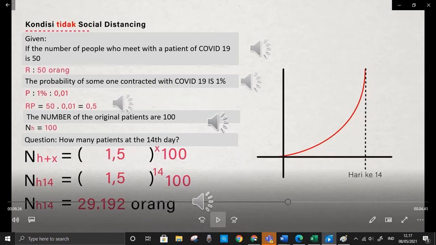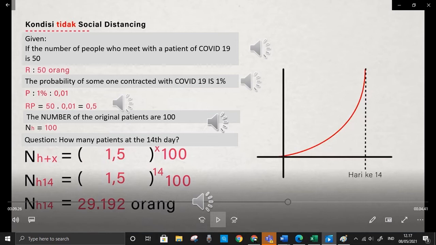So, r multiplied by p is 50 multiplied by 1%, which equals 0.5. Then, if the number of original patients is 100, then n equals 100.